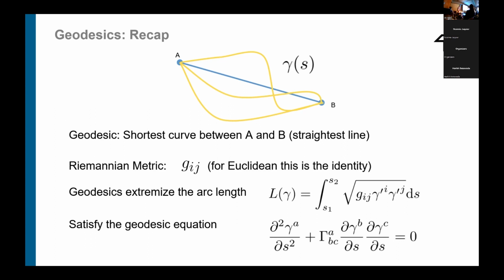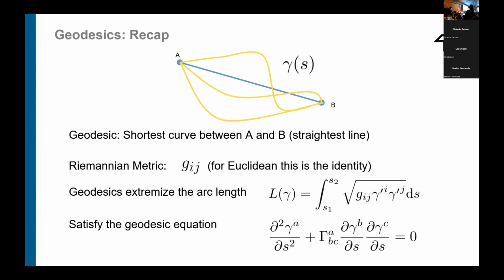And then the condition for geodesics is that they extremize arc length. When you look at this arc length integral, it's also taking, like we've seen before, the square root of the inner product between the velocity vectors, and I've written it out here in indices. Everywhere on the slides, I use Einstein notation, so the equation in the square root is actually summing over all i's and j's.